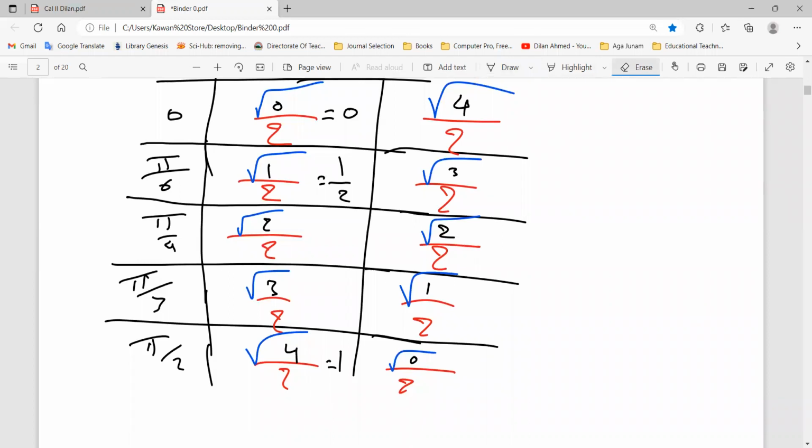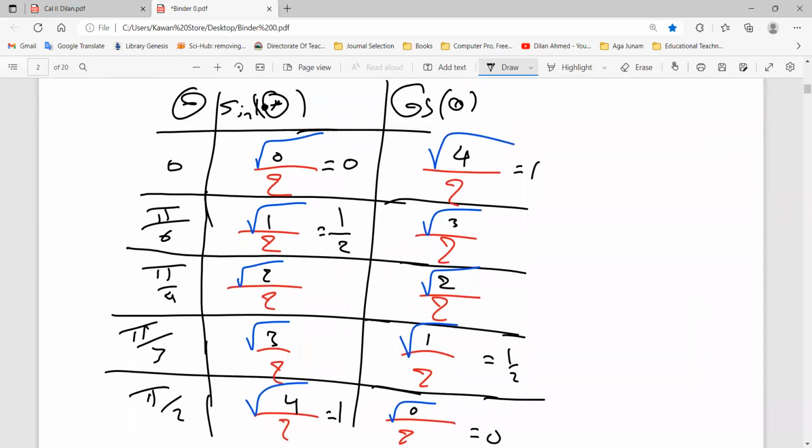You can do it or you can leave it. Yes, you are right. You can also try to simplify the denominator, or you can leave it like that. Okay, the same. Good. How about here? 1. How about here? 0. Understood?